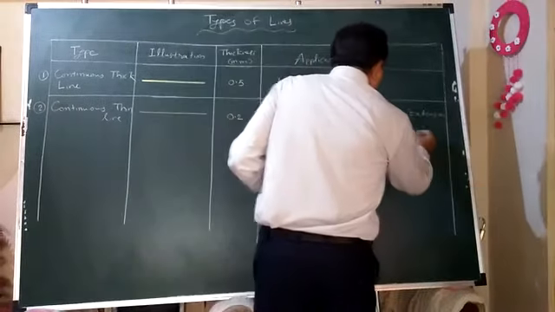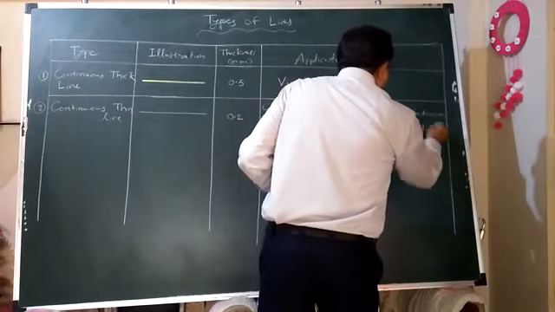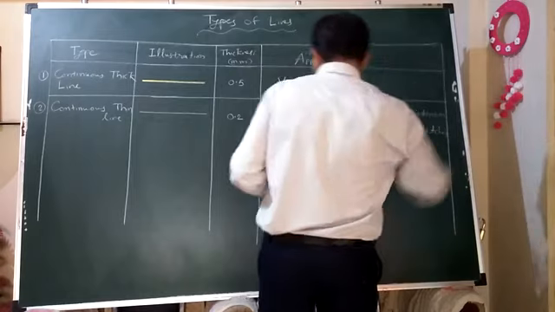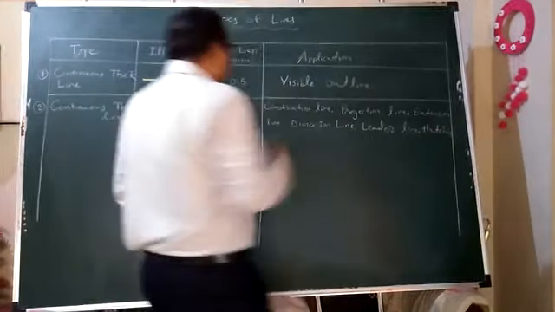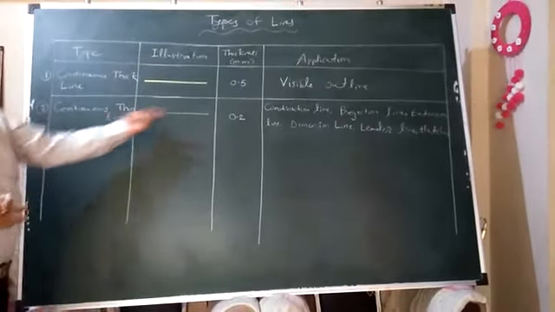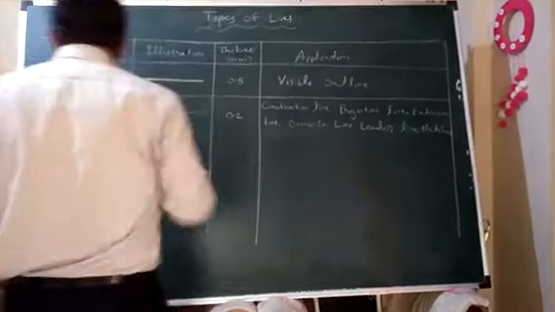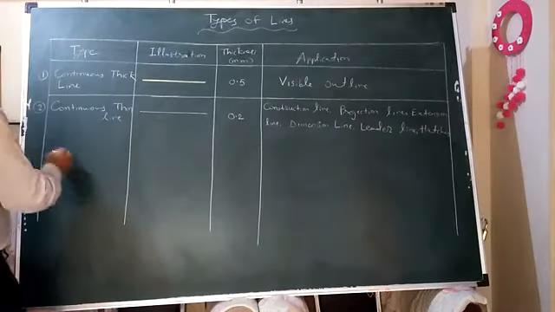And the last one is hatches or hatching. Hatches, etc. Such kind of line is used in very different, numerous applications. Okay, this is all about the continuous thin line.